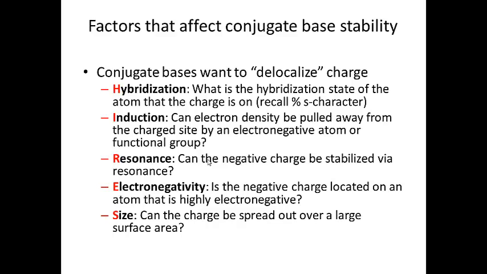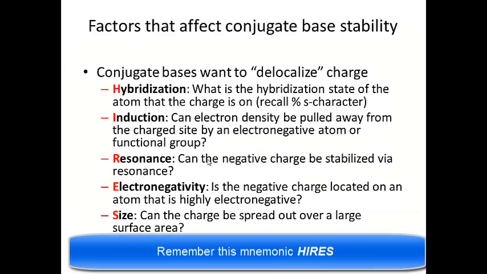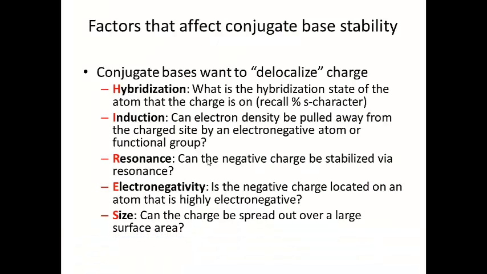All right, and so what I have here is a little mnemonic for you to remember: HIRES. Hybridization, which is a way that conjugate bases can stabilize themselves. Induction, which we talked about when we talked about polarization: can electron density be pulled away from the charge site by an electronegative atom or a functional group that's electron withdrawing? Resonance: can the negative charge be stabilized by spreading it over multiple atoms?